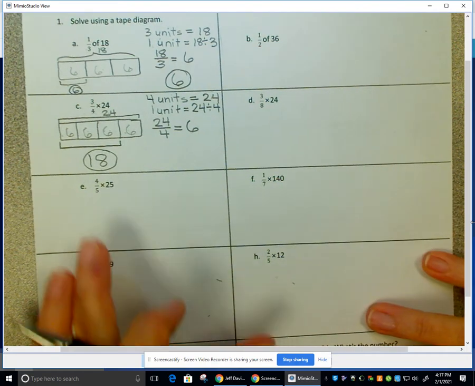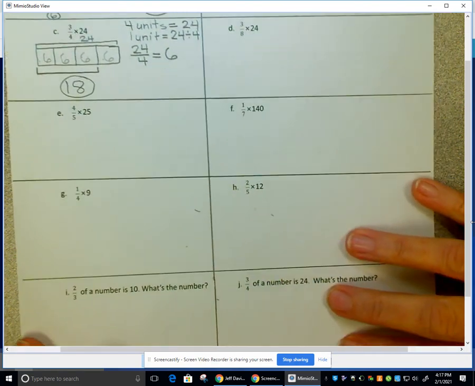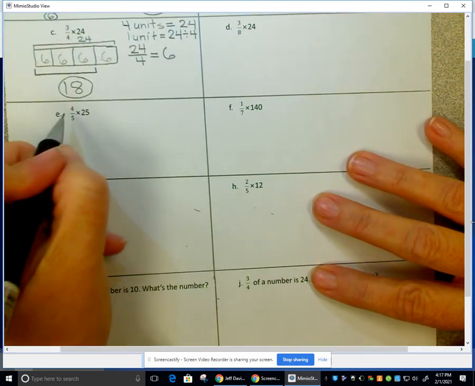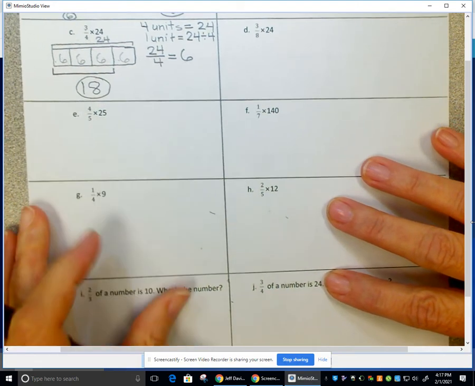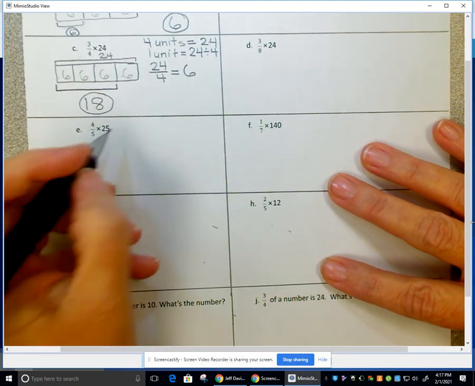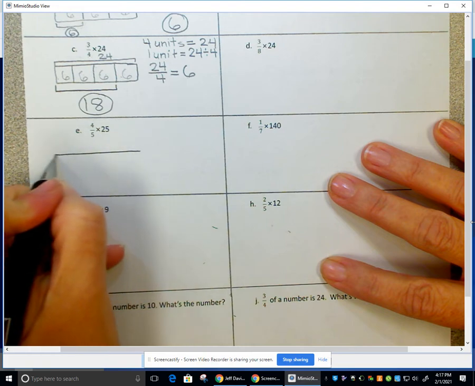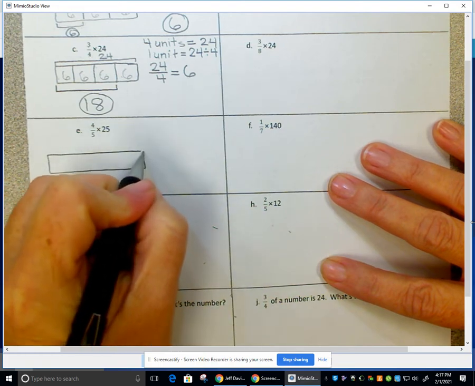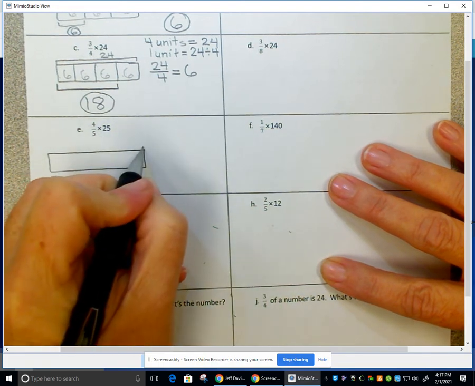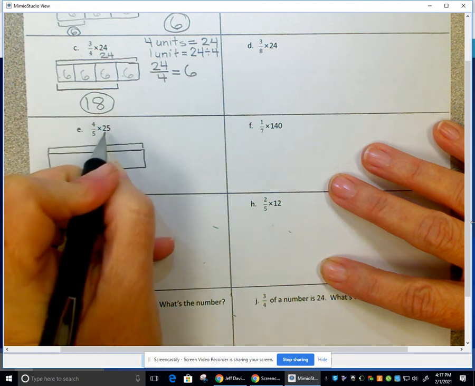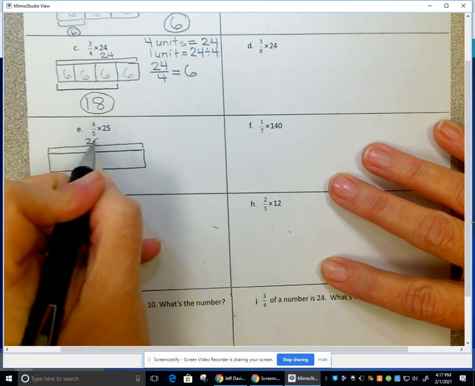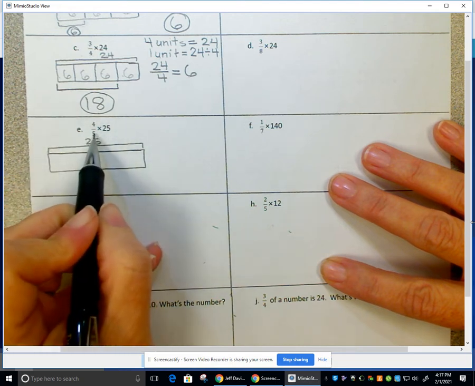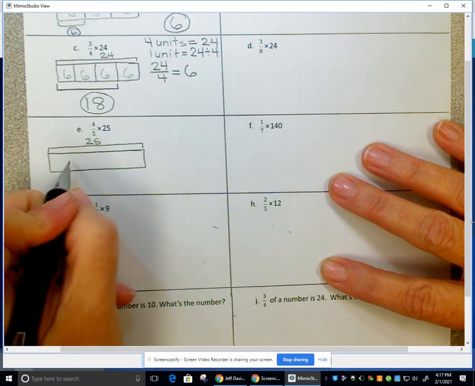Follow me here on E. 4/5 of 25. Let's draw our tape diagram. We know the whole thing equals 25. And the 5 tells me that it's going to be in 5 parts.